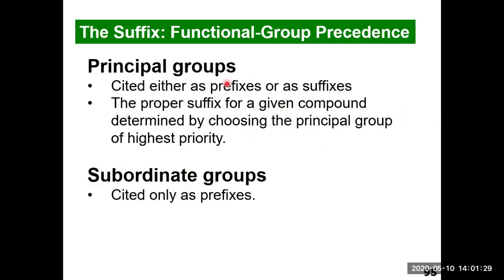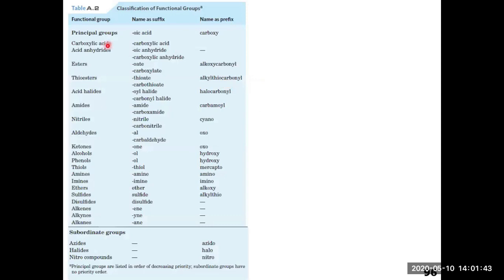Within the principal groups, the order of priority has been established, with the proper suffix given to compounds determined by choosing the principal group of highest priority. We have here a table that shows the ranking of the functional groups. Carboxylic acids rank highest and alkanes rank lowest for principal groups.